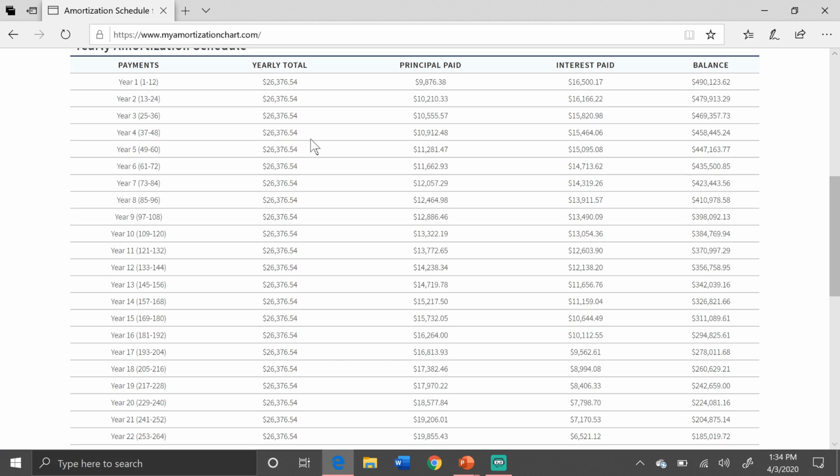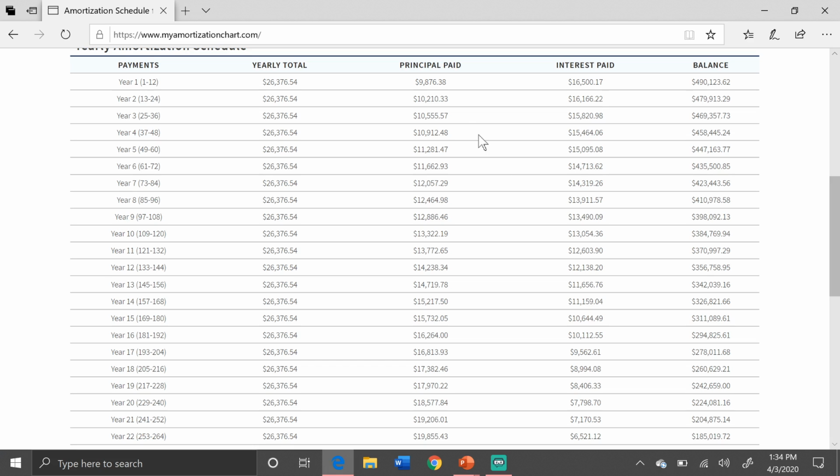The very first year, only $9,000, almost 10, goes towards the principal. You're going to pay $16,500 in interest. So the balance on your loan, the principal still, is $490,000. So where is the majority of your money going that first year? It's going to the interest.